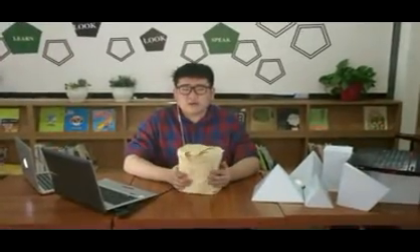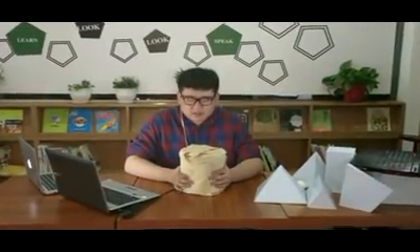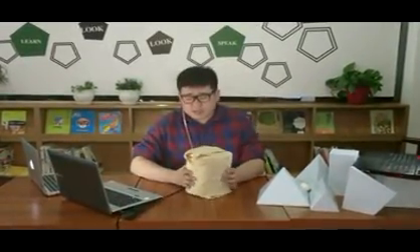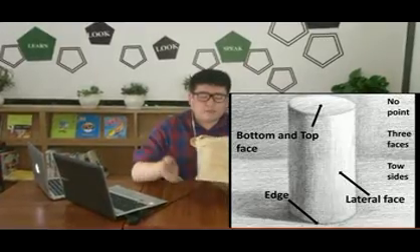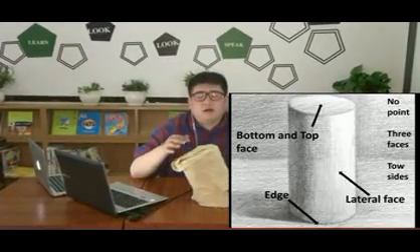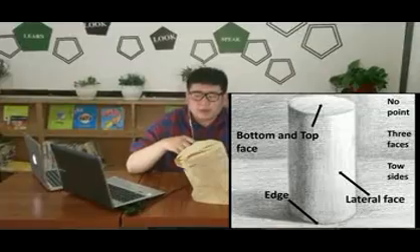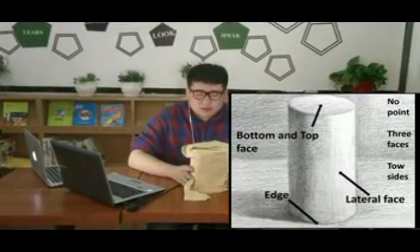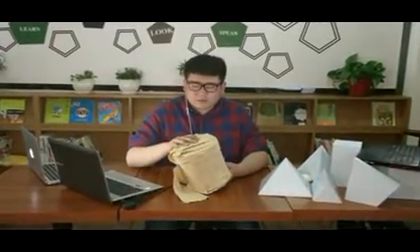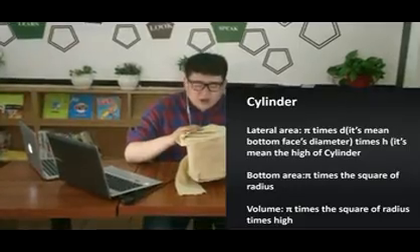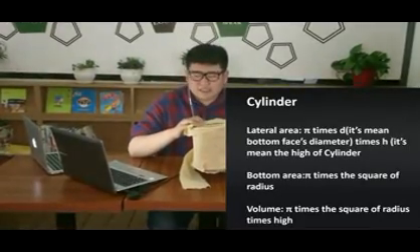In the end, I am going to introduce the cylinder. It has two faces. They are the bottom face and the top face, with their perimeters, and it is without a vertex. Its lateral area formula is pi times d.